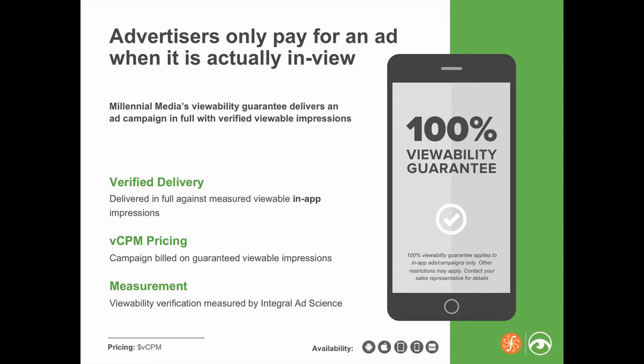The market response thus far has been tremendous, and we believe this will really become the standard in our industry going forward. As a publisher, it's imperative that you understand your viewability scores and optimize your sites and apps to take advantage of the industry's migration towards 100% viewable impressions. To better understand your viewability score, please contact your Millennial Media account manager, who will be happy to share this data and work together to drive new viewability-based revenue opportunities.